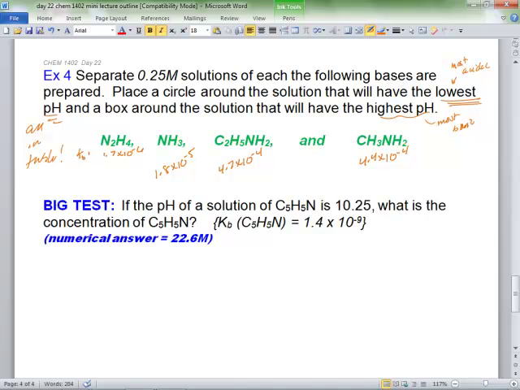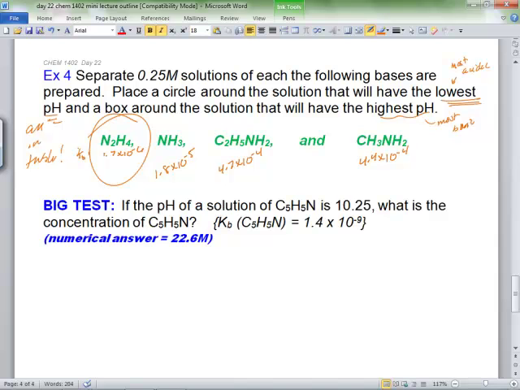So are we looking for a big KB or a small KB? Weak base, so we want a small, the smallest KB we can get. And N2H4. So hopefully everybody circled this guy.